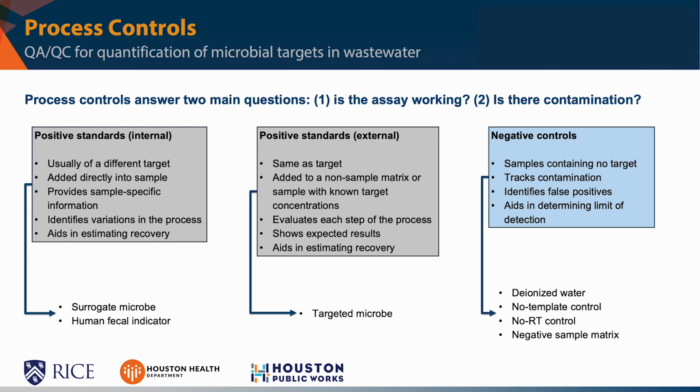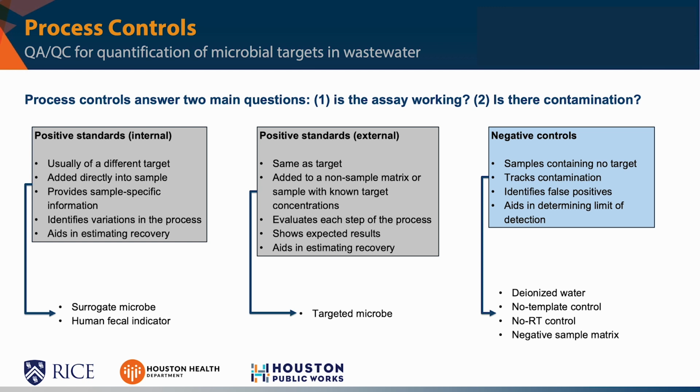External standards can also be added directly to the sample, but the background concentration of the target in the sample is usually below the limit of detection, has already been measured and accounted for, or is being measured in parallel to the spike sample. Using external standards can show expected results, and similar to internal standards, they can aid in evaluating the process and determining target recovery.